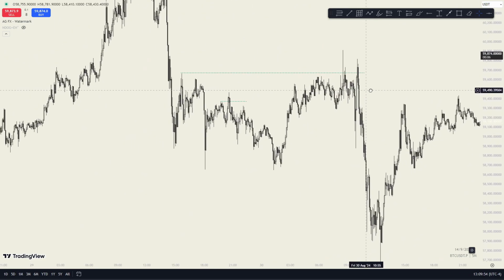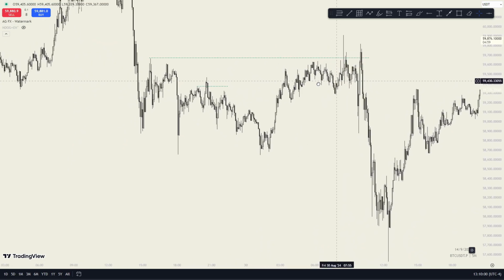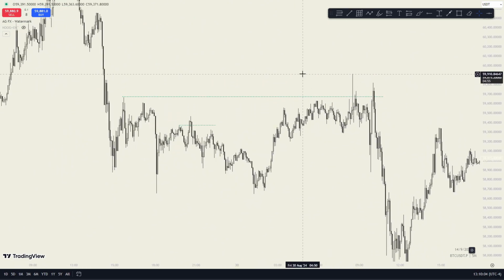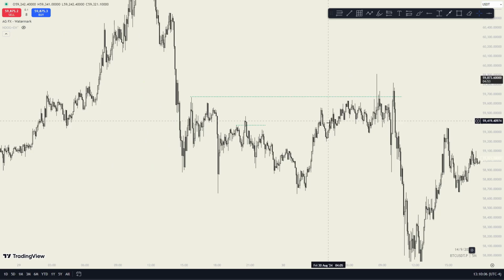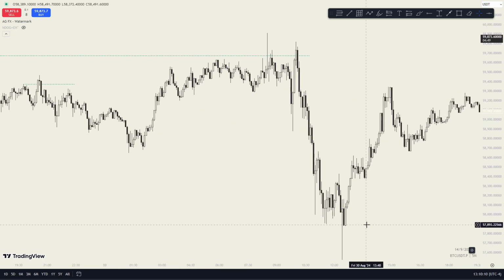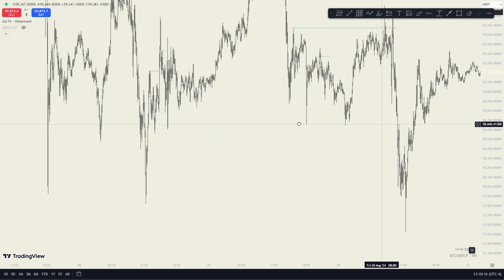But we didn't take it out with a displacement, and we consolidated. We're gonna learn power of 3 in future lessons, but for now this might have tricked you into thinking that we are reversing. And then we just flushed lower, and if you would trade it, you would probably hate it.